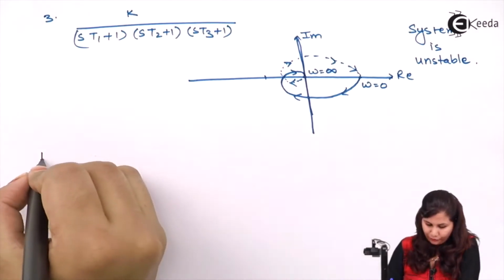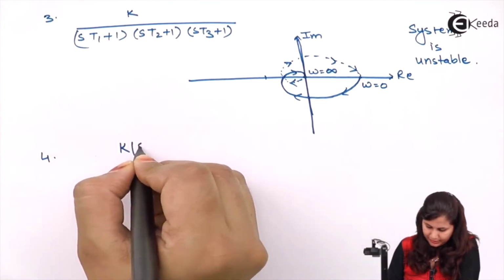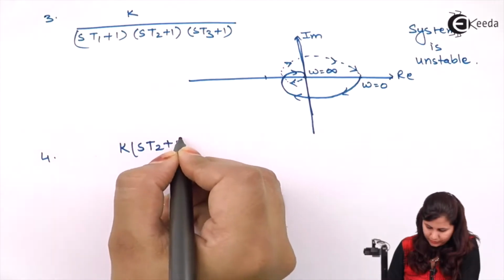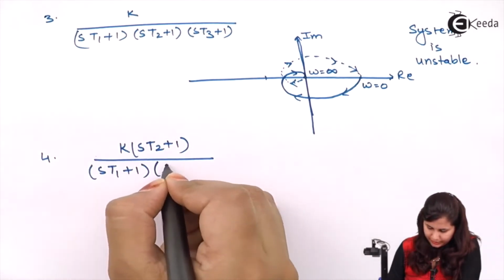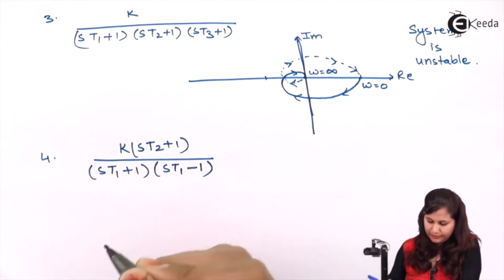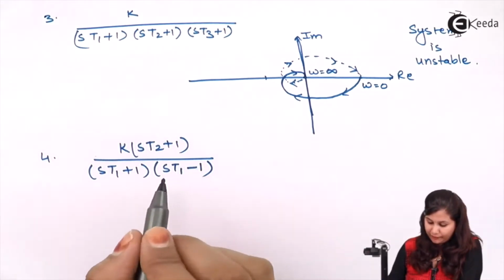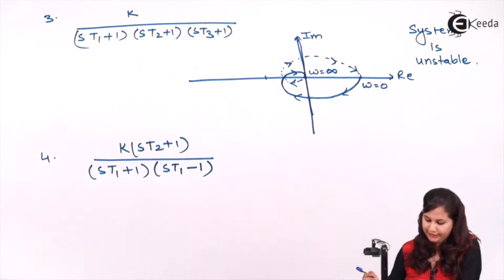Fourth, we have K (sT2 plus 1) upon s(T1 plus 1)(sT1 minus 1). We have one pole lying on the right hand side.